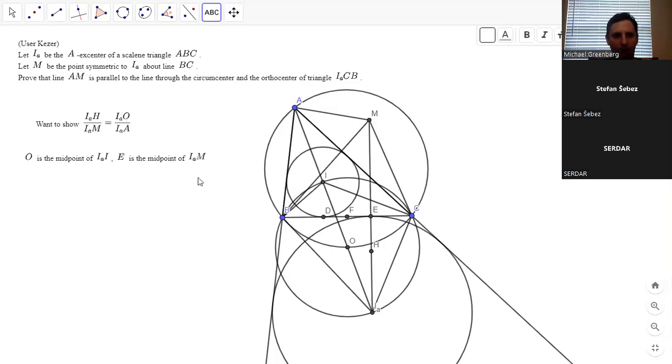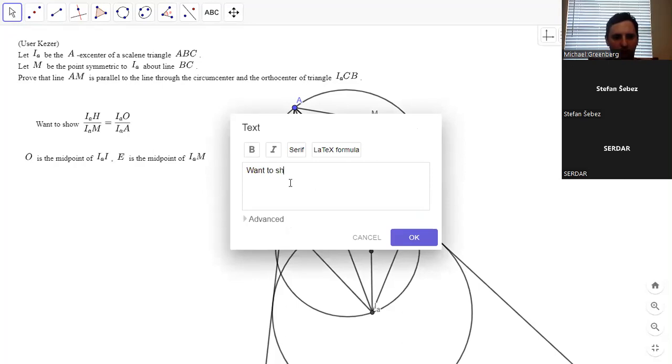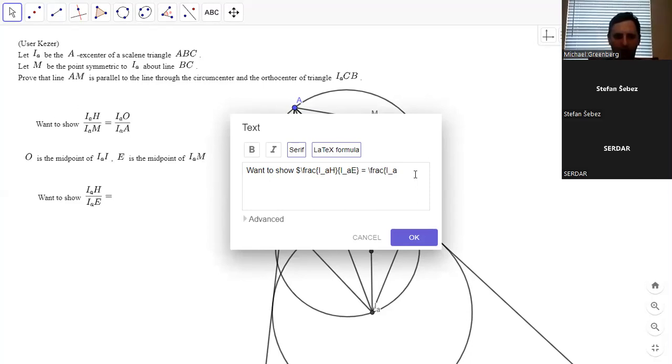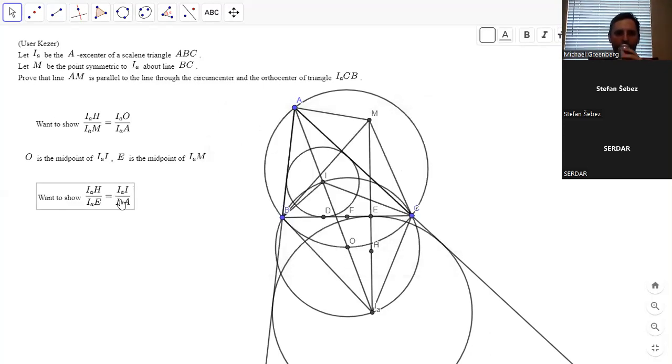So that means we want to show IAH over IAE is equal to IAI over IAA. That's what you're saying, right?